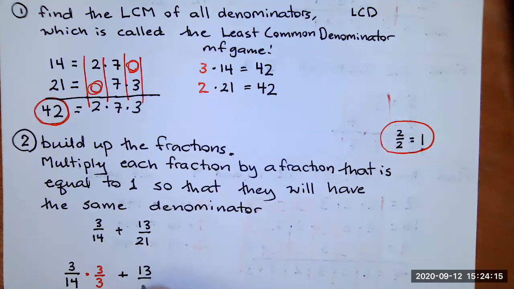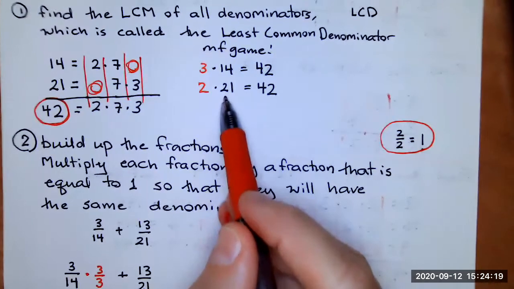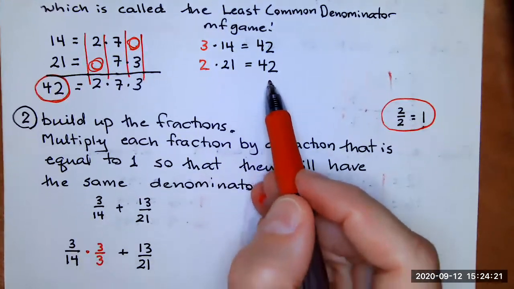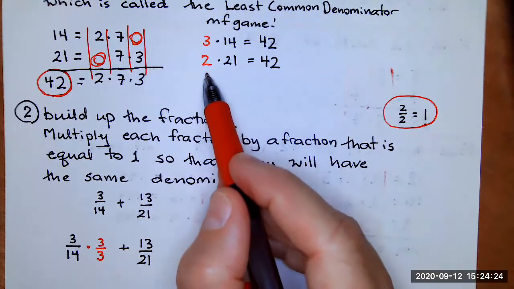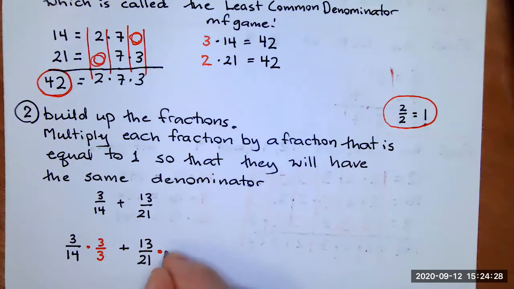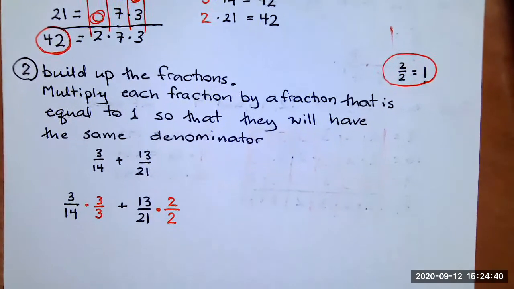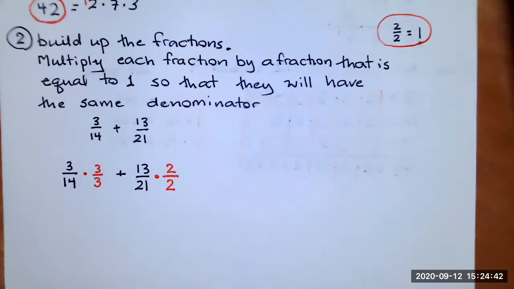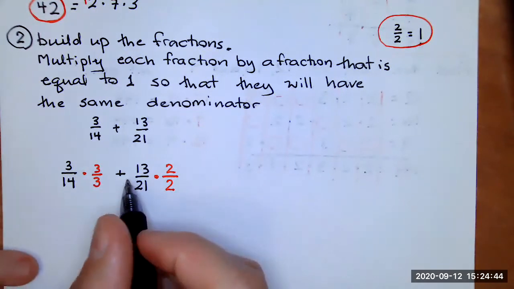Same thing here. I have 21. I want 42. I'm going to multiply by the missing factor. But I don't just multiply the denominator. I want to multiply the numerator and the denominator by the same number, because then I'm multiplying by 1 and I have the same fraction, or an equivalent fraction.